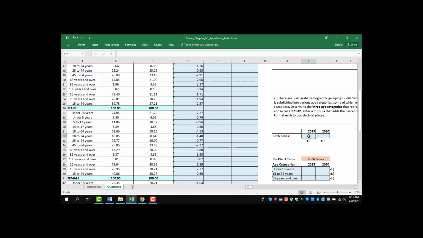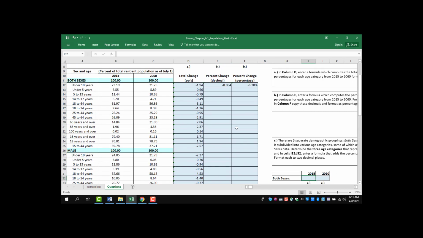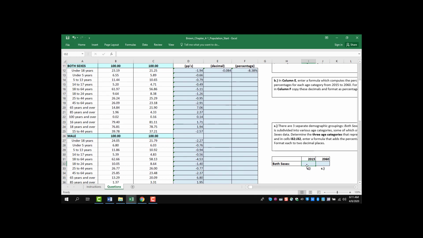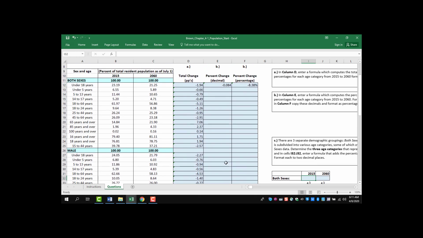Now here it's both sexes you want, that means up here, both sexes. So you want to add the 3 categories that give you 100%, and I'll start it for you: under 18.